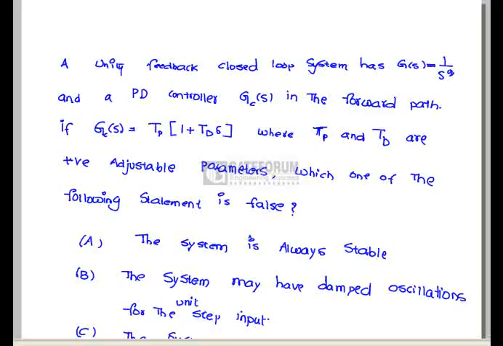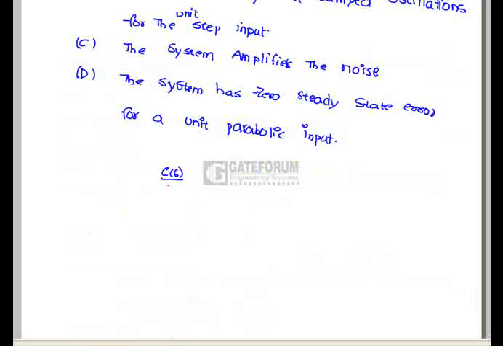Coming to statement B, the system may have damped oscillations for the unit step input. If we take the closed loop transfer function, it equals G of s by 1 plus G of s H of s.